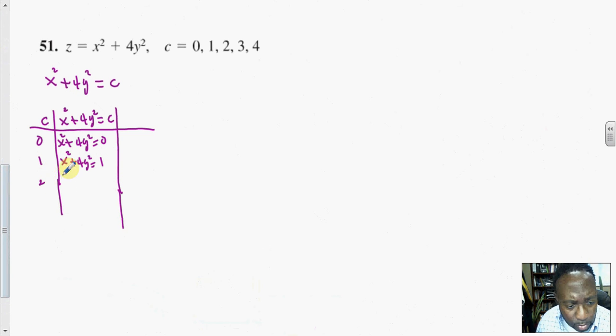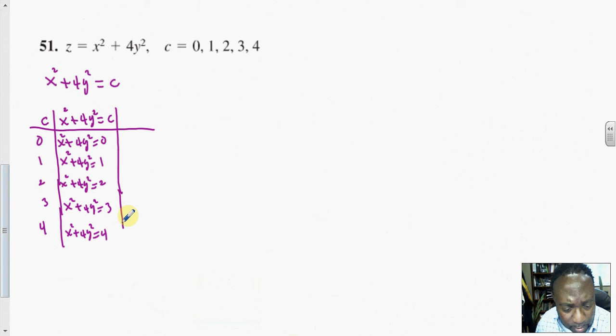If c is 2, then x squared plus 4y squared is equal to 2. If c is 3, x squared plus 4y squared is equal to 3. And then if c is 4, x squared plus 4y squared is equal to 4.